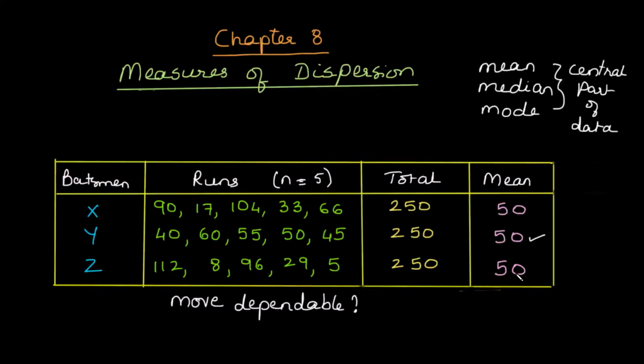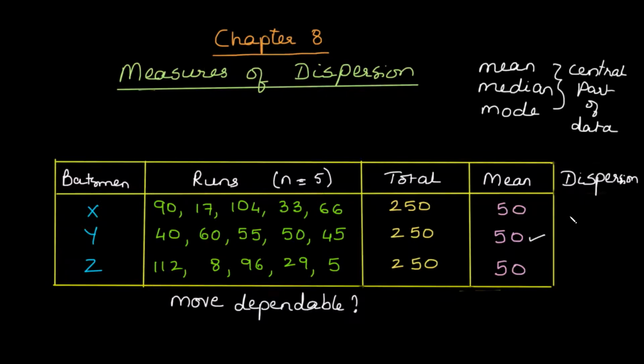In the case of Z, the number of runs scored are very different. All this difference from the mean value is called scattering about the mean value. And one such measure of how much the data is scattered about the central value is what is called dispersion. I hope you understand this.